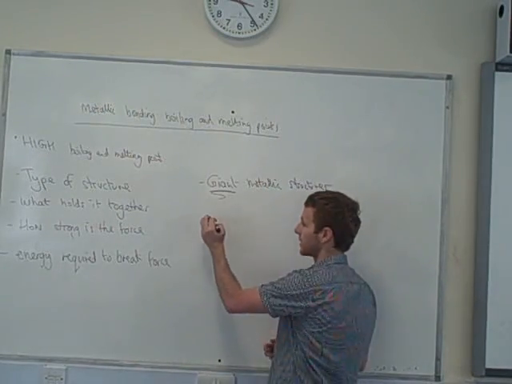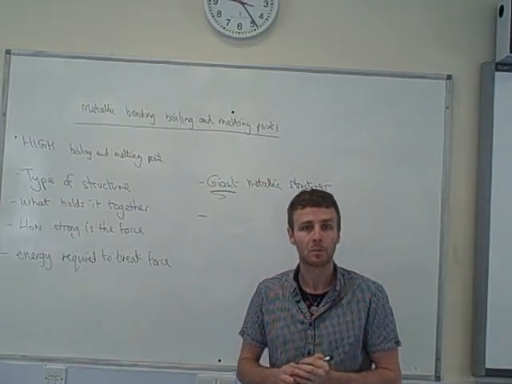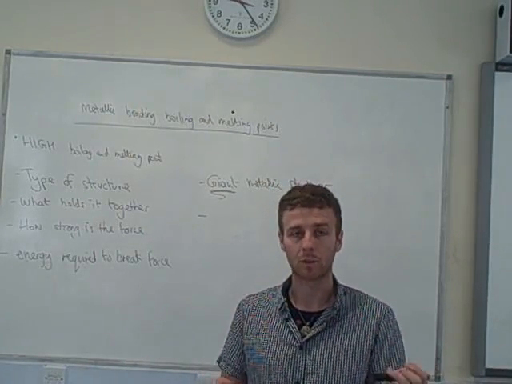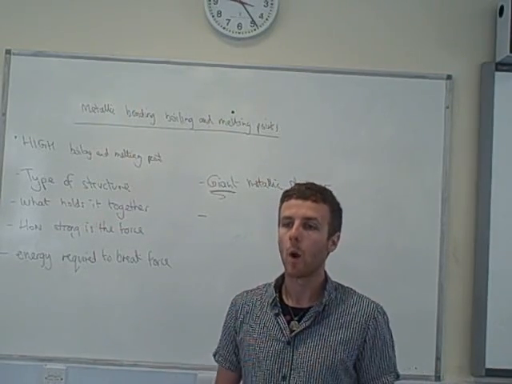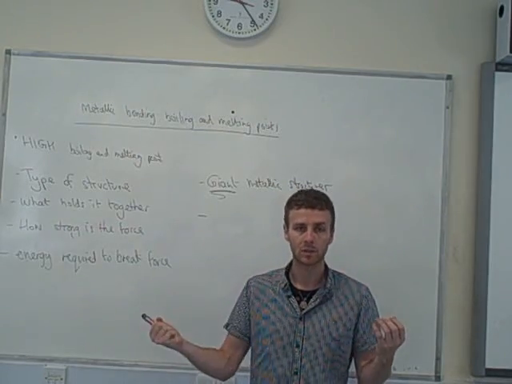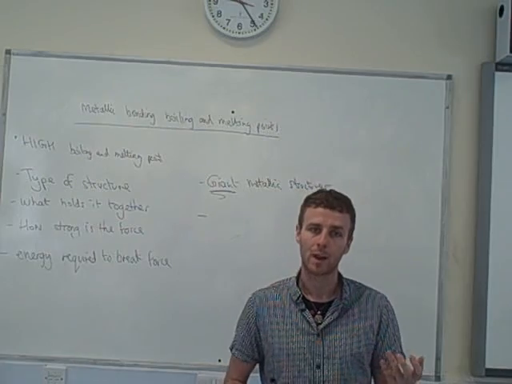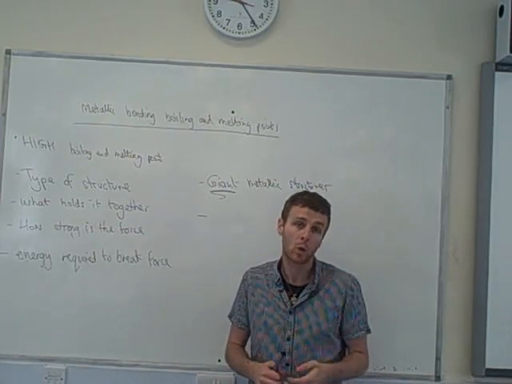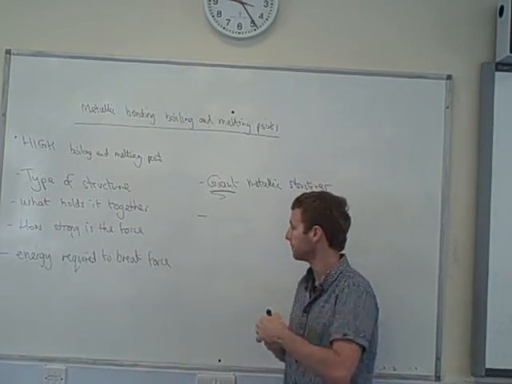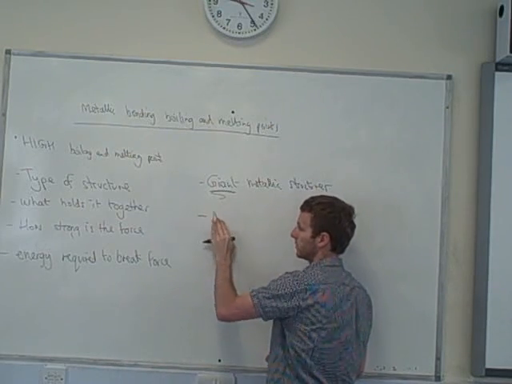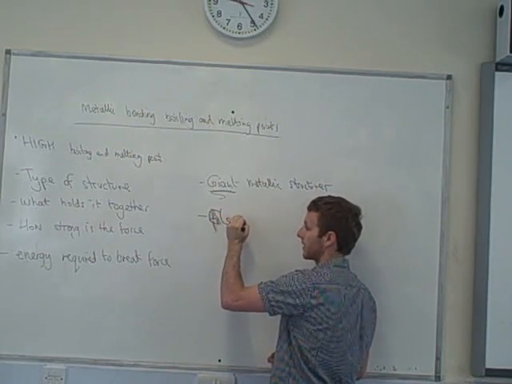What we would say is we have an attraction between these negative electrons and these positive ions. And whenever a negative and a positive attract each other, we call that an electrostatic attraction.